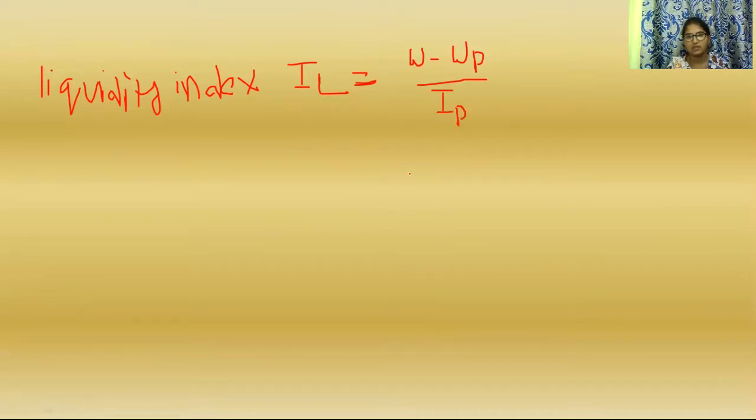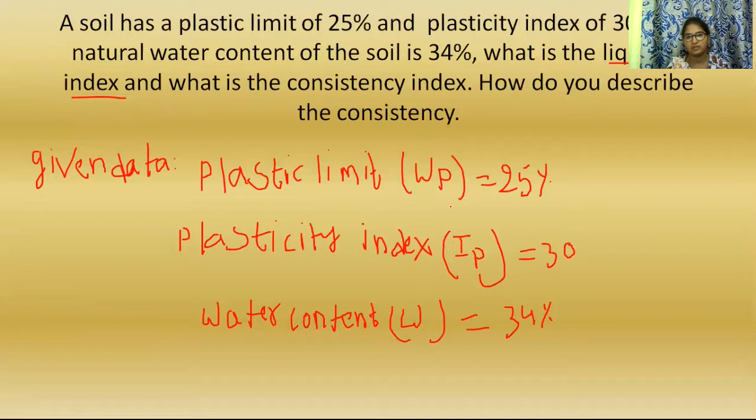So the values are W equals 34%, WP equals 25%, and IP equals 30.